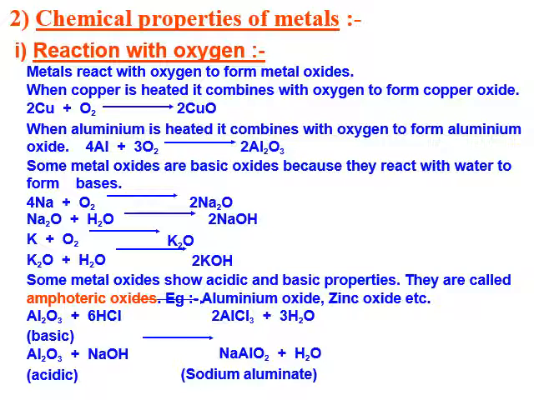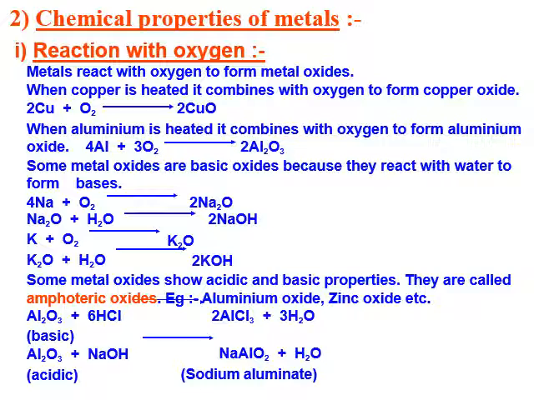Some metal oxides are basic oxides because they react with water to form bases. For example, when sodium reacts with oxygen, it forms sodium oxide: 4Na + O2 gives 2Na2O. When this sodium oxide combines with water, it gives NaOH, sodium hydroxide, which is a base.